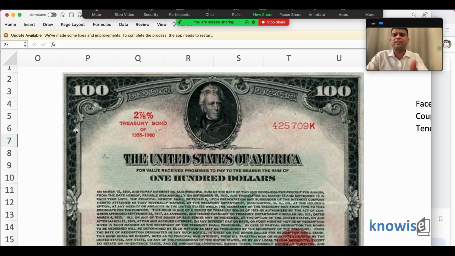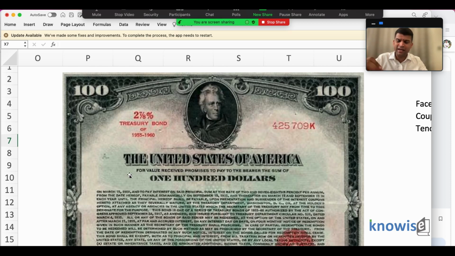And what is the interest offered by this particular bond? Interest offered is, let's say, 2.78% or whatever, around that rate. Now, let's assume the closest number, say 3%, is the interest offered by this bond. Why do we use the word coupon rate? Why can't I just say interest?